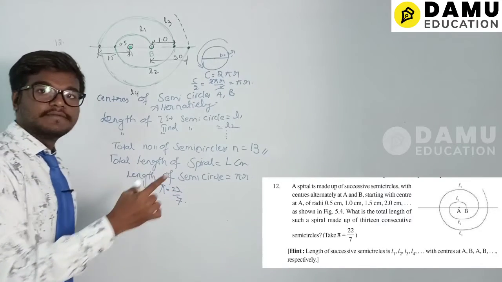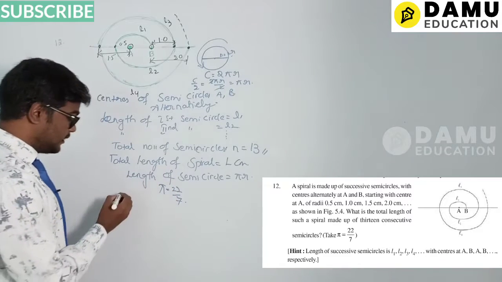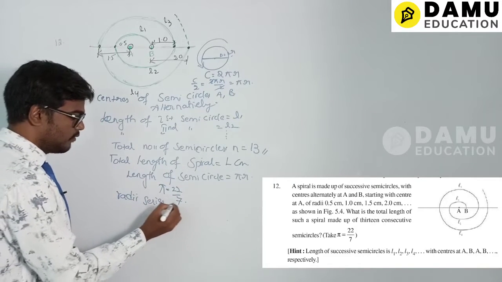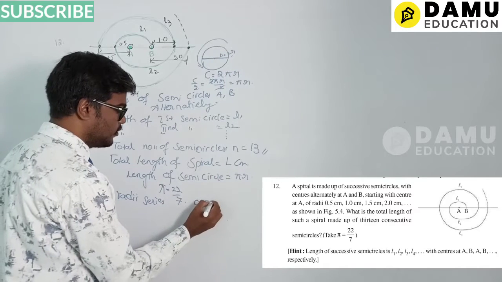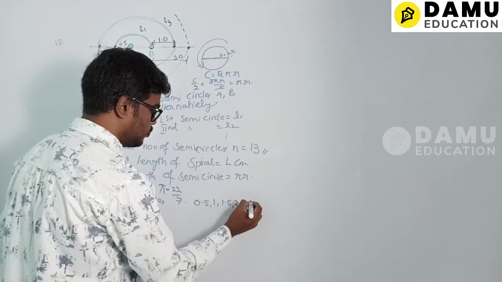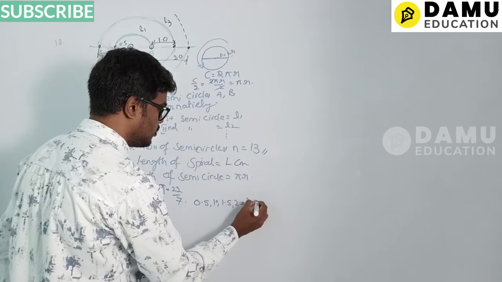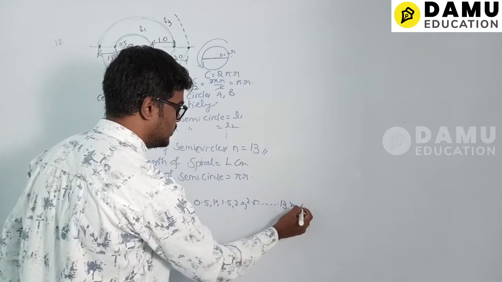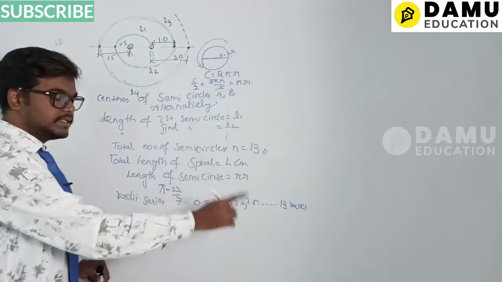So what is the first circle's radius? The radii series will be 0.5, 1, 1.5, 2, 2.5, and so on up to 13 radii. So this is the series.